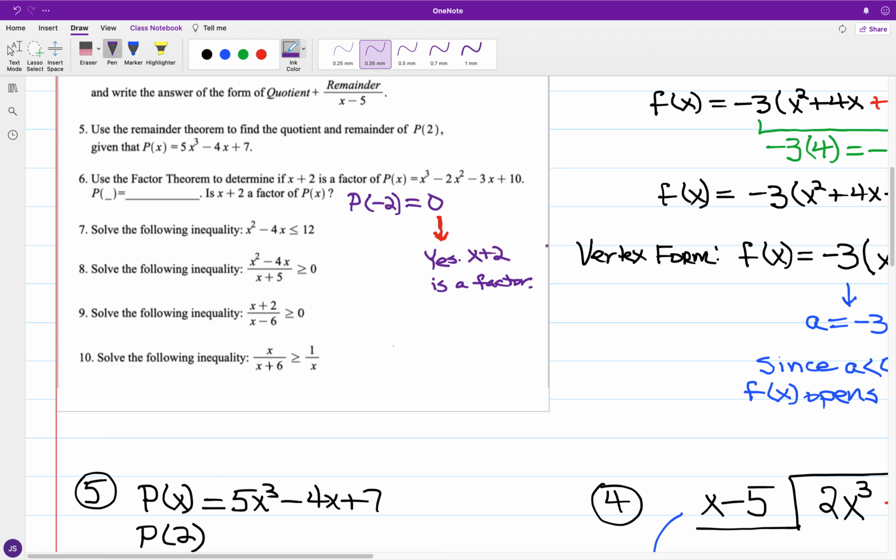Okay. And once again, for the inequalities, with number 7 we have a polynomial inequality: x squared minus 4x is less than or equal to 12.